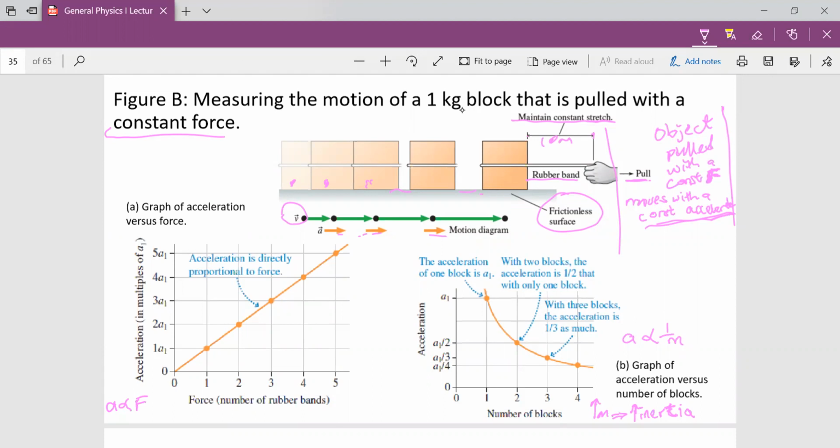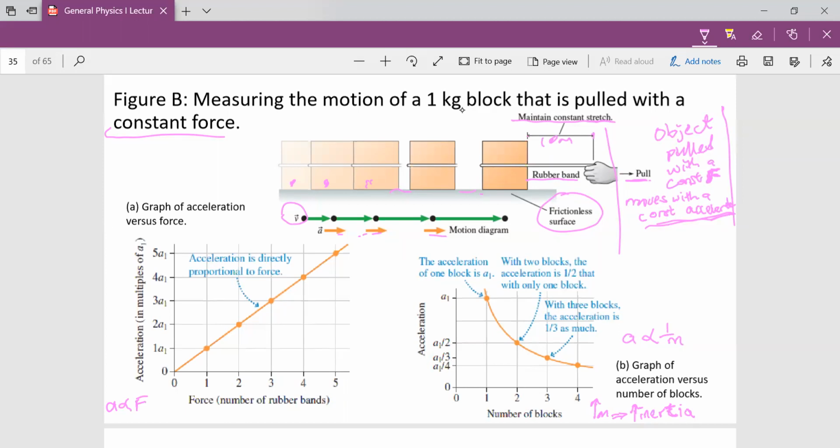What was done was, okay, I've done it for a block. I did for one block. What happens if I use the same rubber band? In the first case, I was increasing the rubber band, but what will happen if I increase the number of blocks?